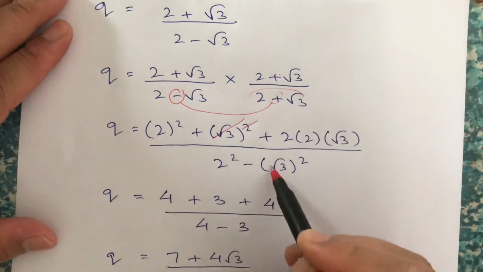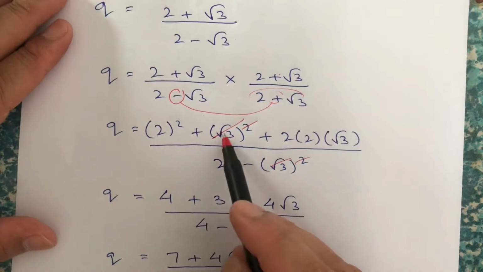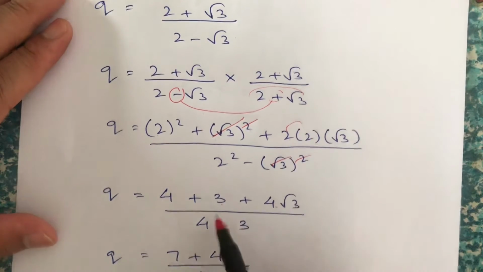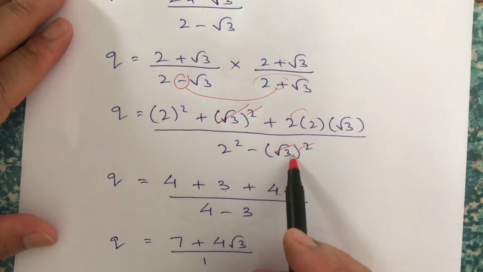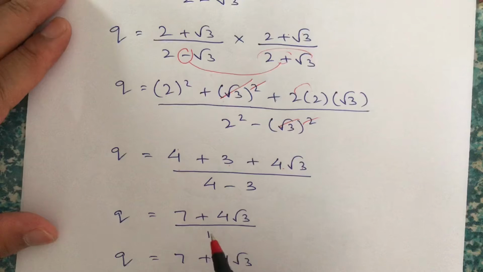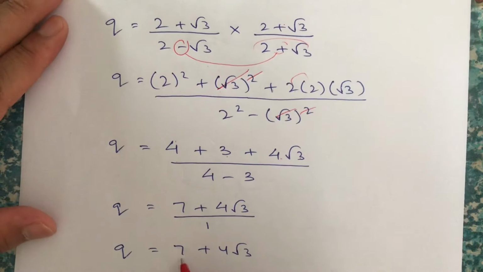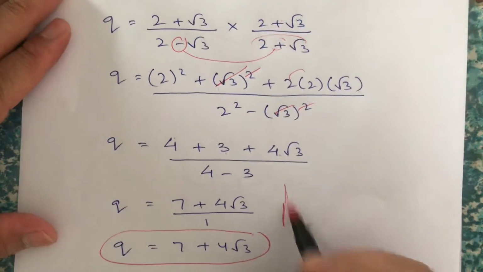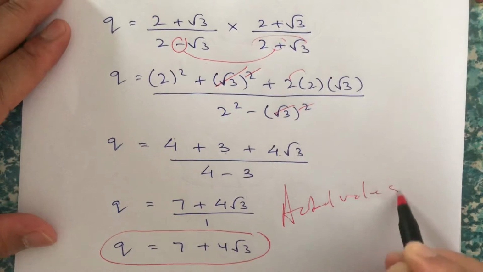Square and root, this will get cancelled, we get 2 squared is 4, root 3 squared we get a 3, plus these two are a partner, 2 2s is a 4 root 3, and down we get 4 squared minus 3. And then now when I solve this, 4 plus 3 gives me a 7 plus 4 root 3 divided by 1. So 1 we don't have to write, so Q is equal to 7 plus 4 root 3. So this is what we got, the actual value of Q.